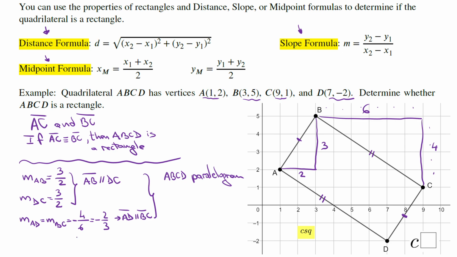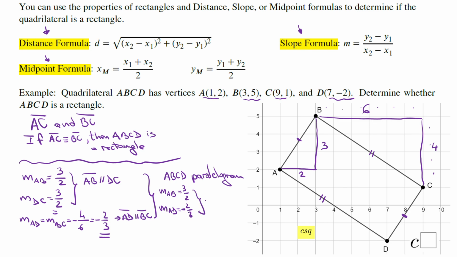So now, do you notice this is negative 2/3, this is 3/2? If I'm looking, for example, at the slope of AB, the one we started with, it's 3/2, and the slope of AD is negative 2/3. They are negative reciprocals.